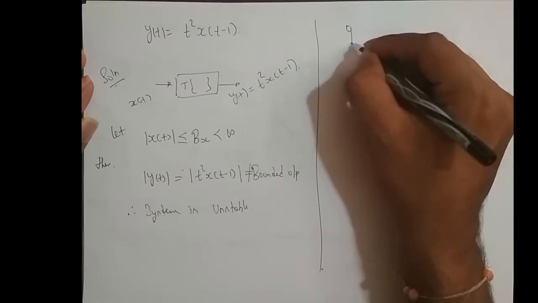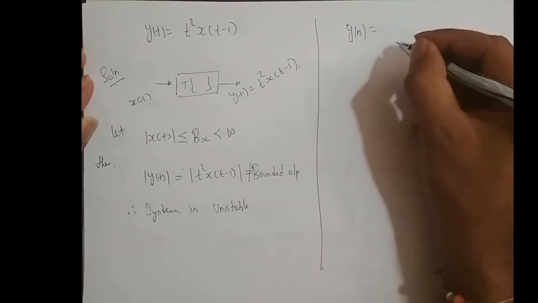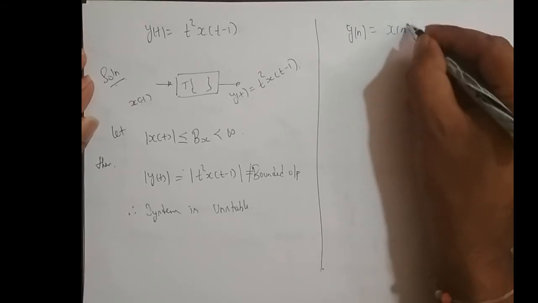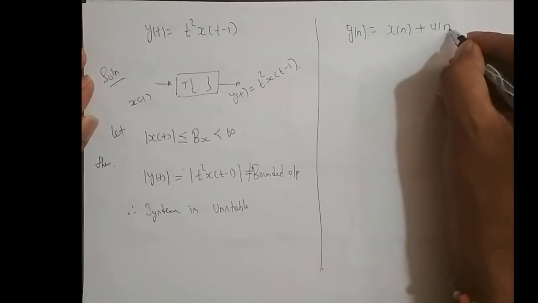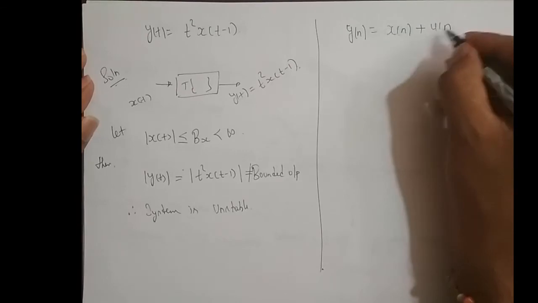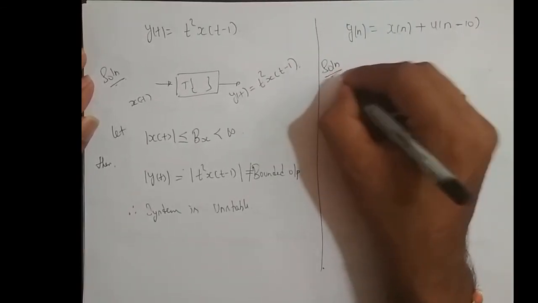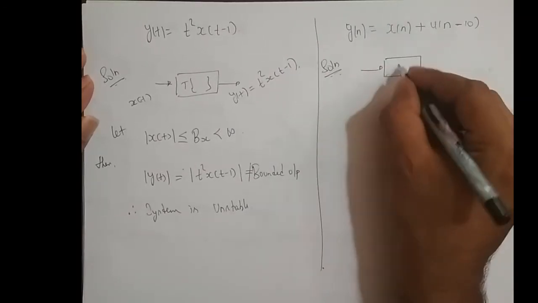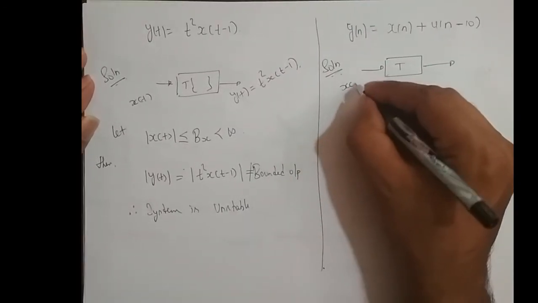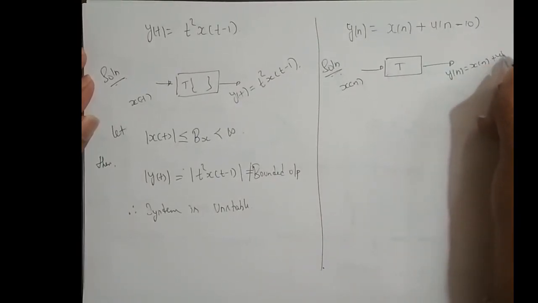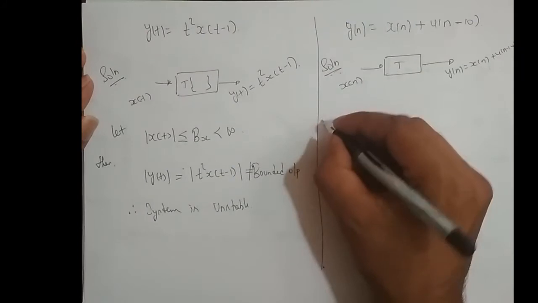Okay, I'll take one last problem. y of n is equal to x of n plus u of n minus 10. Solution. So I have a system T. Input I'm feeding is x of n, output is y of n, which is equal to x of n plus u of n minus 10, right?